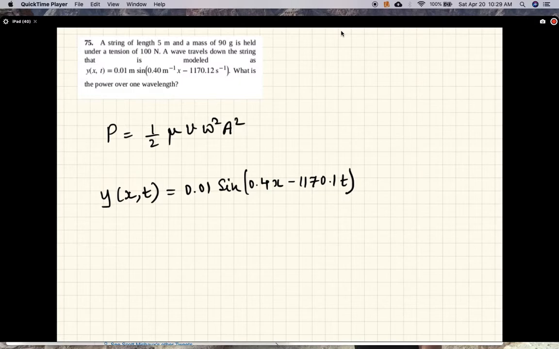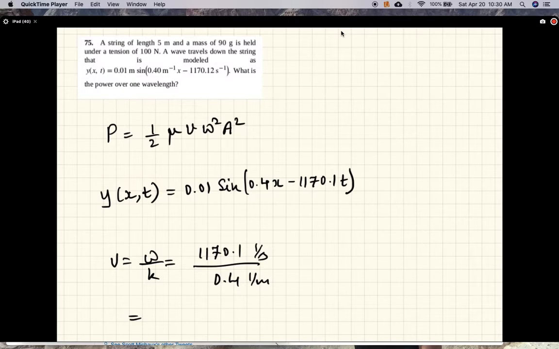Now we'll do a consistency check. The velocity is omega divided by k, but it's also related to the mass per unit length and the tension in the string. So velocity is omega by k, and this should be 1170.1 per second divided by 0.4 per meter, so 1170.1 divided by 0.4.